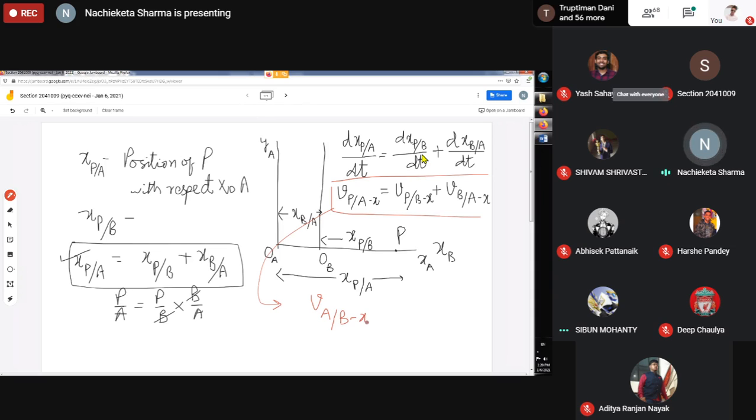So the x velocity of A with respect to B is equal to minus the x velocity of B with respect to A. Okay, so this relationship also holds good. This is another relationship.